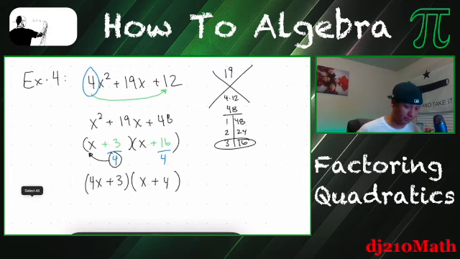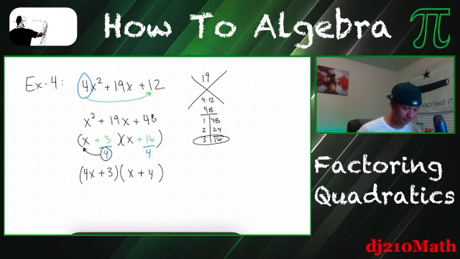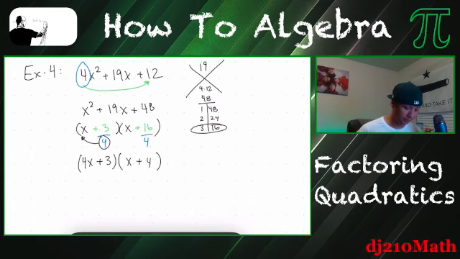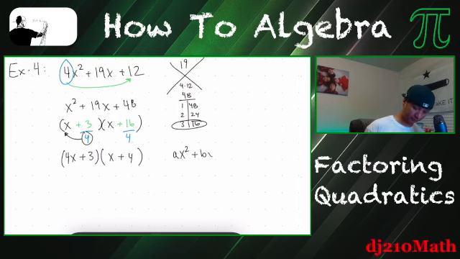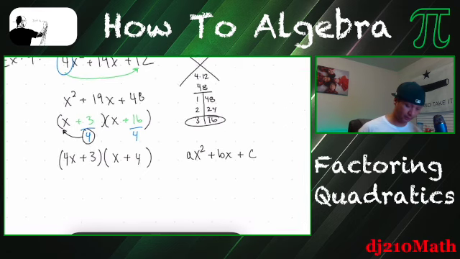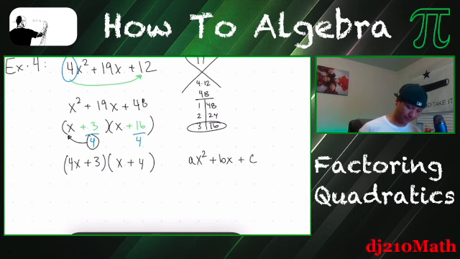I guess, do I want to show you? That's the question, kind of like the reason behind the magic. So the thing you're looking for are the two numbers that when you multiply, they equal a times c.